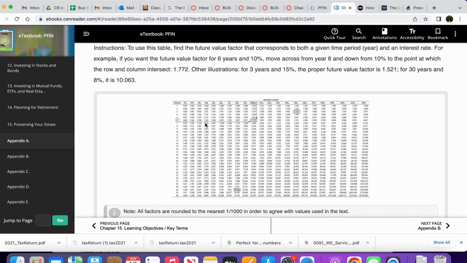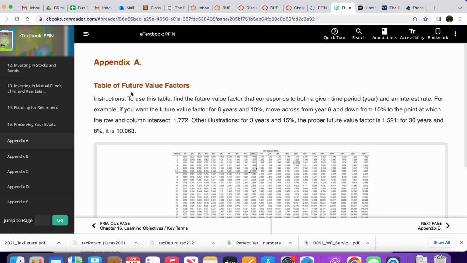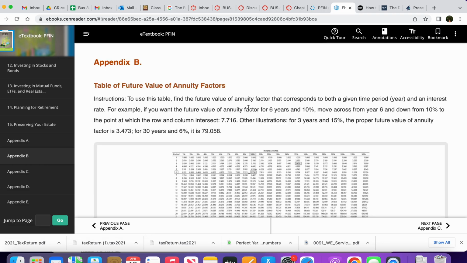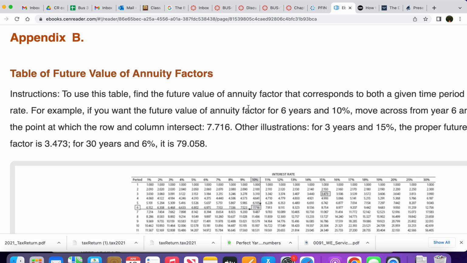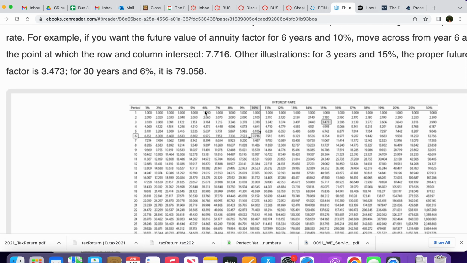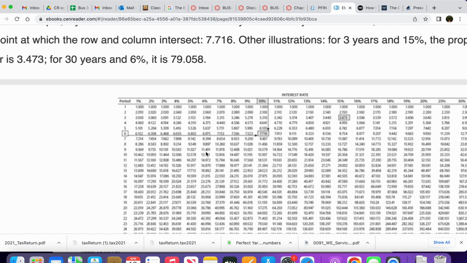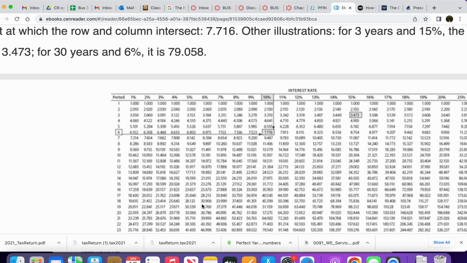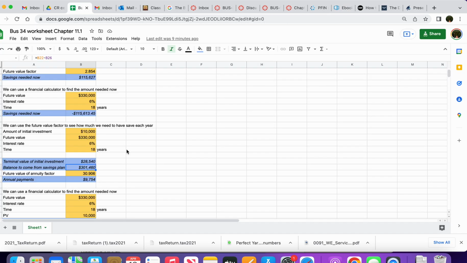So how am I going to come up with that? Instead of just the future value factor, I'm going to save money every year for 18 years. If I save at a 6% rate of interest for 18 years, my future value of an annuity factor is 30.906. So that's my factor.